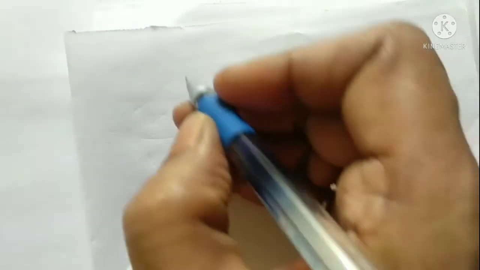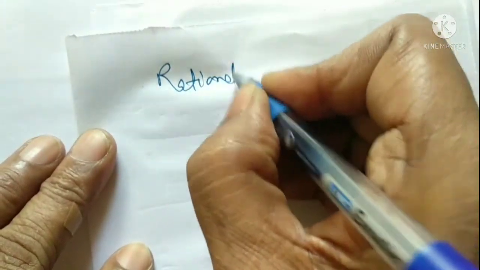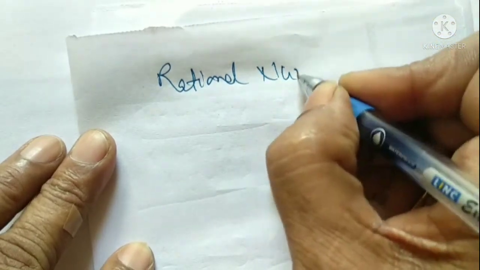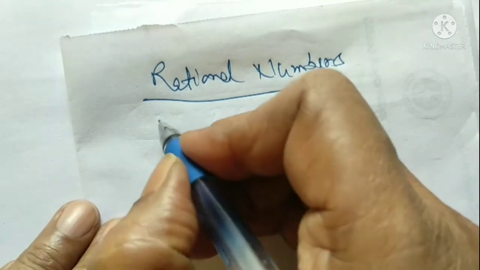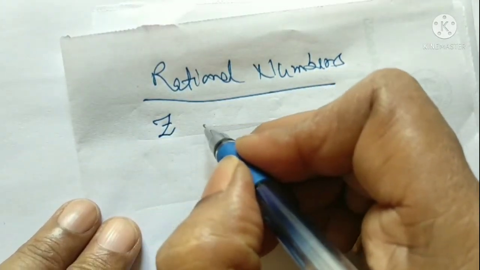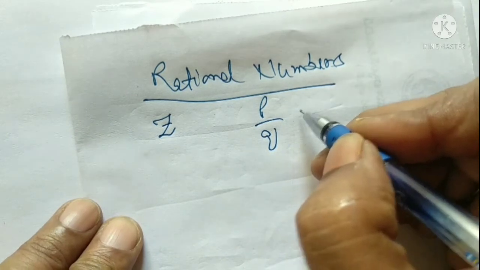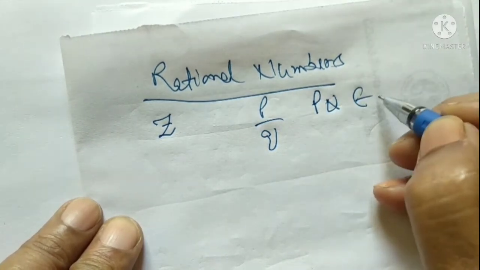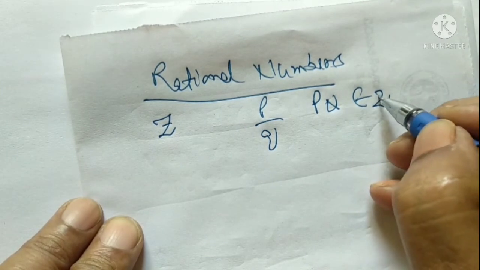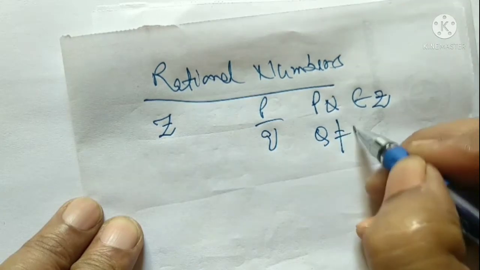Finally, let us see what are rational numbers. All integers can be written in the form of p by q, remember, where p and q belong to integers and q is not equal to 0.